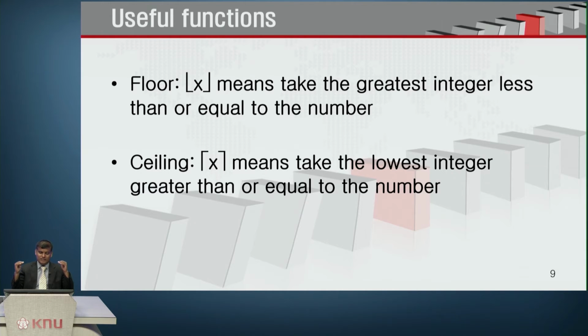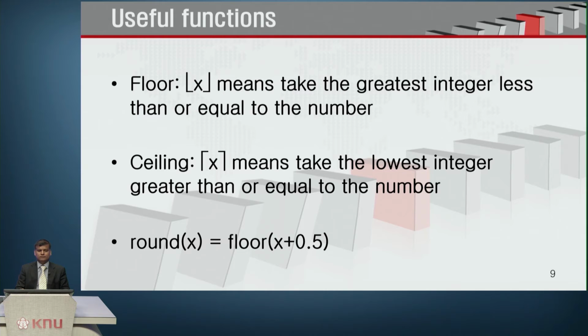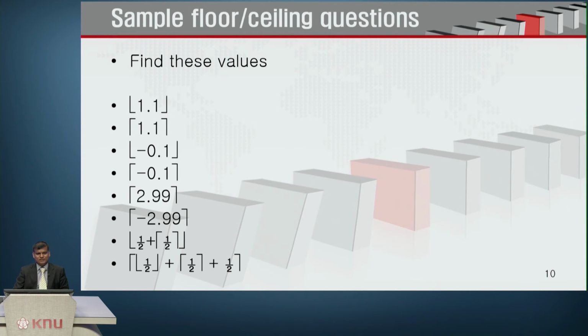So the ceiling of x means taking the lowest integer greater than or equal to the number. These are functions. So the round function: round of x equals floor of x plus 0.5. That's rounding the value.